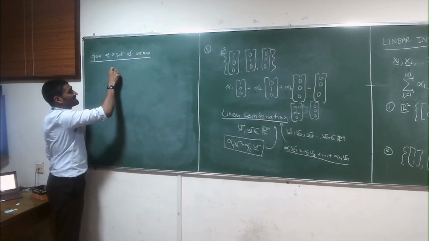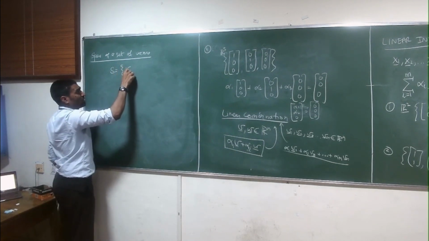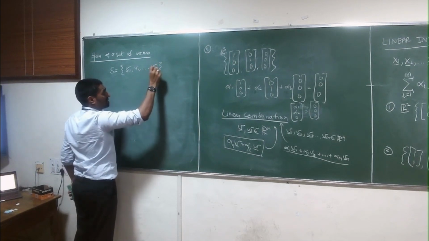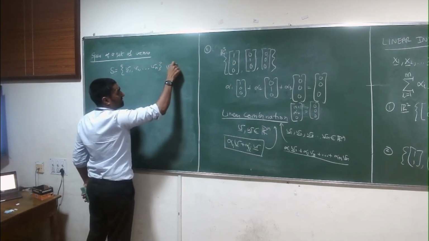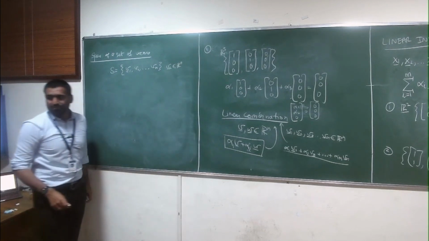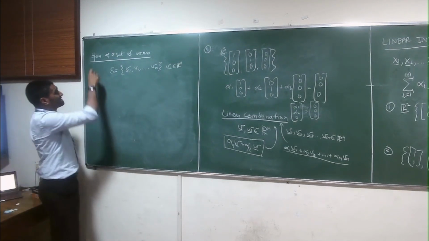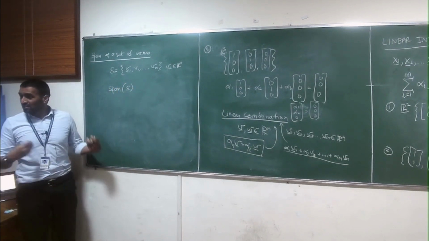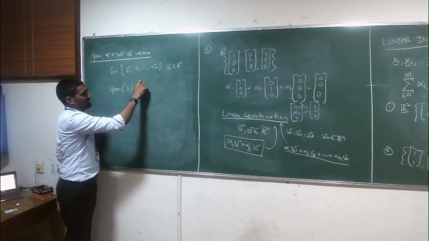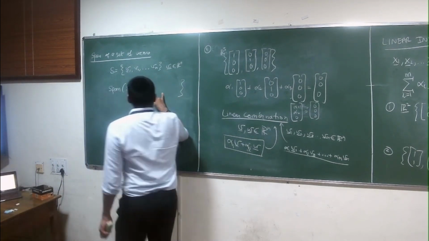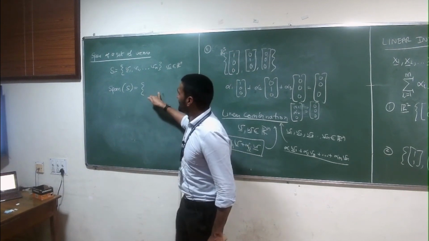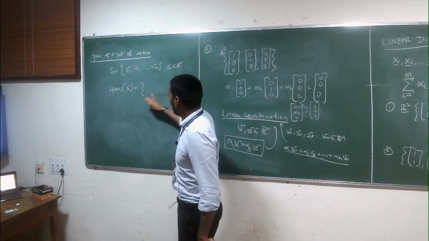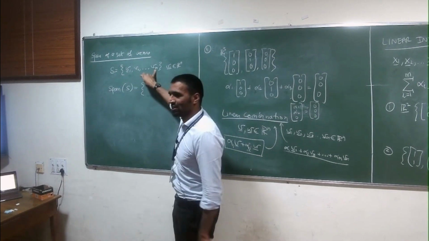Let's say you have a set S of vectors v1, v2, up to vm, and for now we'll assume every vi is from Rn. The span of a set S is simply another set that has all the linear combinations of these vectors. This is the set of all possible linear combinations of the original set of vectors.